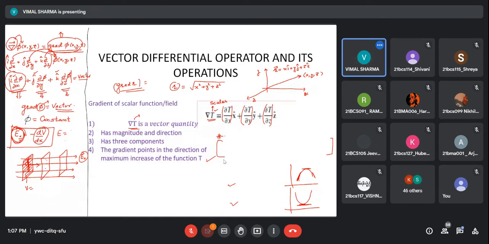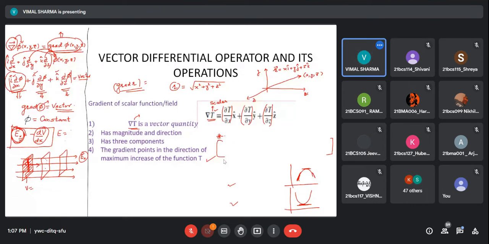As we know, electric potential is a scalar quantity and it produces a scalar field, and when we find the gradient of this, we get another field, a vector field, and it is the electric field.